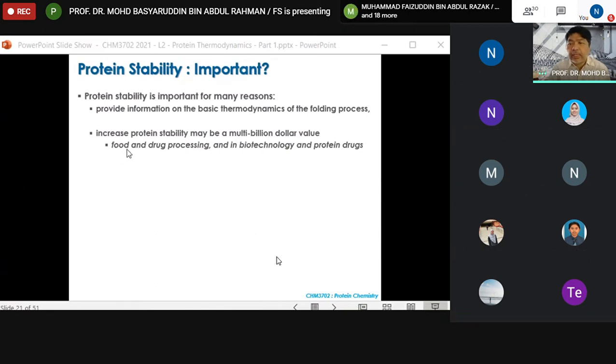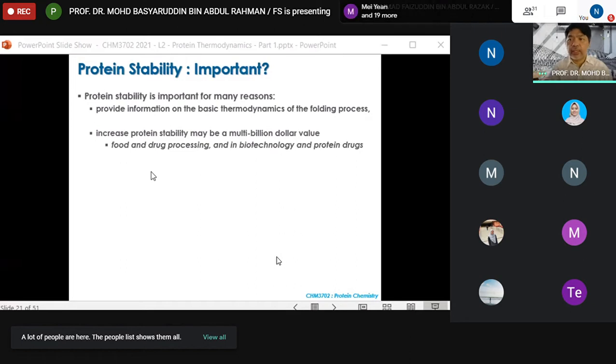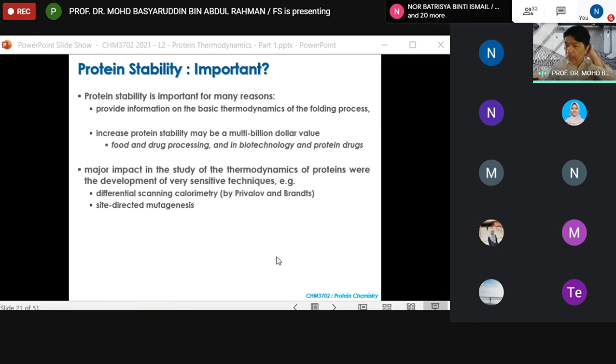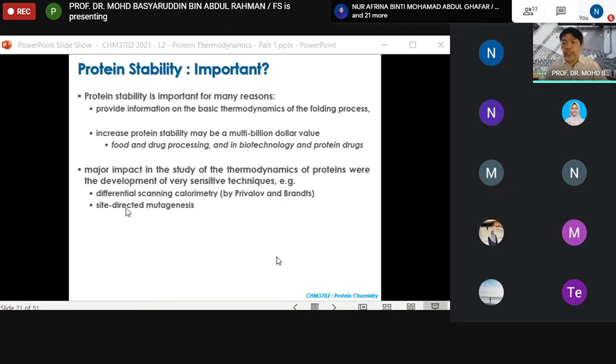Then drugs, we want to study drugs, and going further into biotechnology, in the future people start to work on peptide or even protein drugs. So definitely, it has a very big or major impact on the study of thermodynamics of protein, or the development of very sensitive techniques.